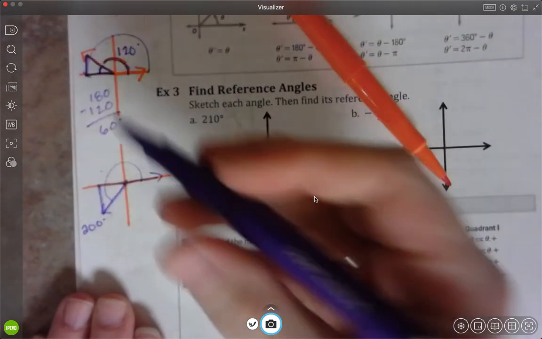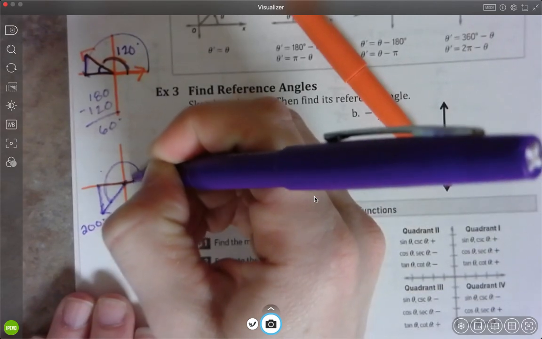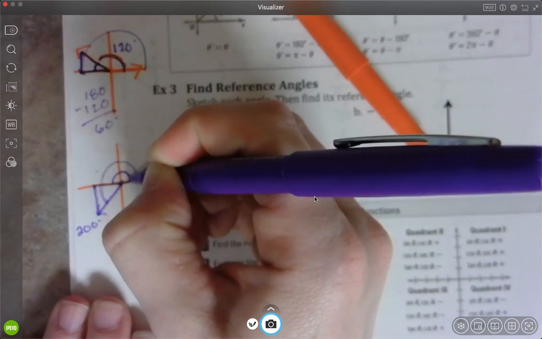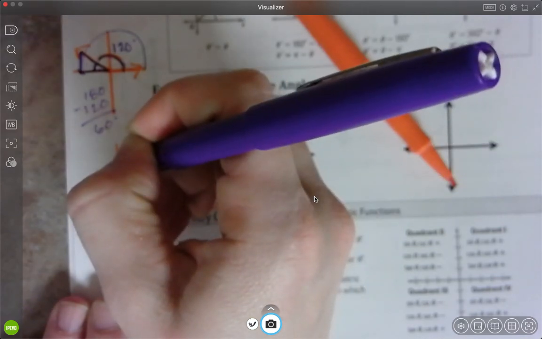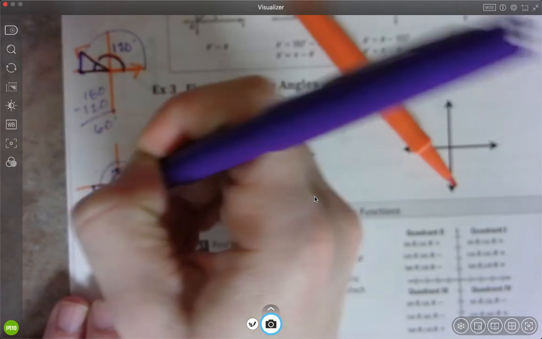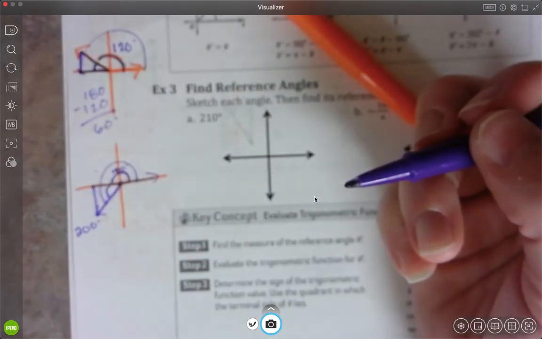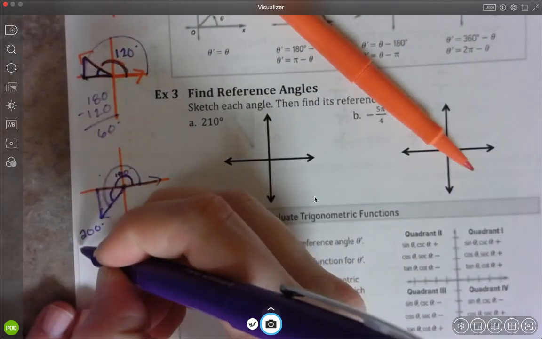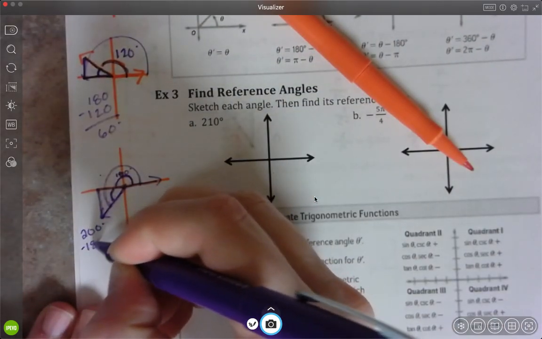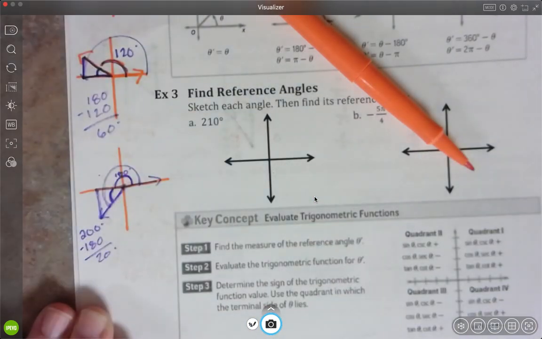From here to here being 200, I also take into consideration that from here to here is 180, but I'm going a little bit past that. If this is 180 degrees and I'm going to 200 degrees, what would this have to be to take me the rest of the way to the 200 degree mark? That involves 200 minus 180, which is 20 degrees. So my reference angle here is that 20 degree angle.